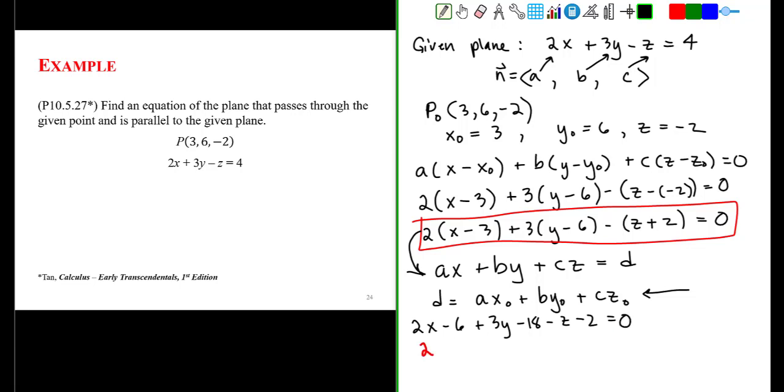This is 2x + 3y - z = 6 + 18 + 2. This is now 2x + 3y - z = 26.